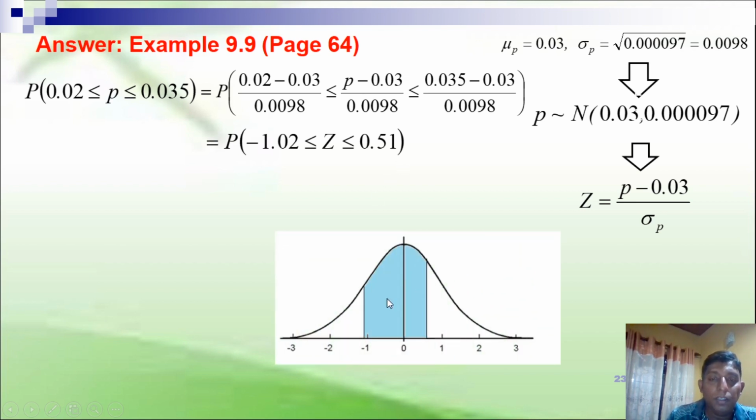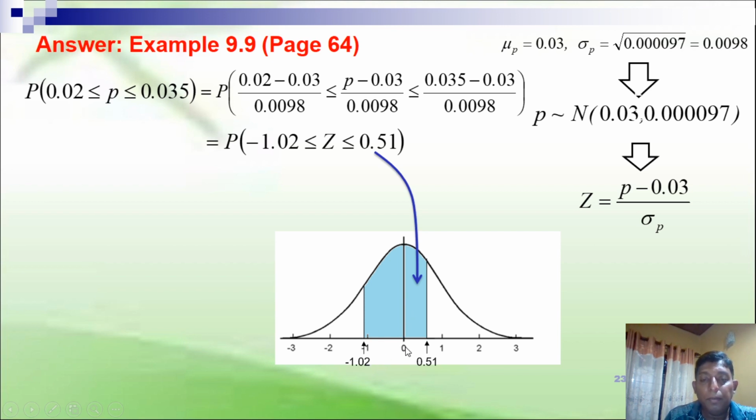Then first indicate the required area, minus 1.02 somewhere here, and 0.51. Then using the standard normal table you can read, that means just read 1.02 and 0.51. Z equal to 1.02 gives the area from minus 1.02 to 0.